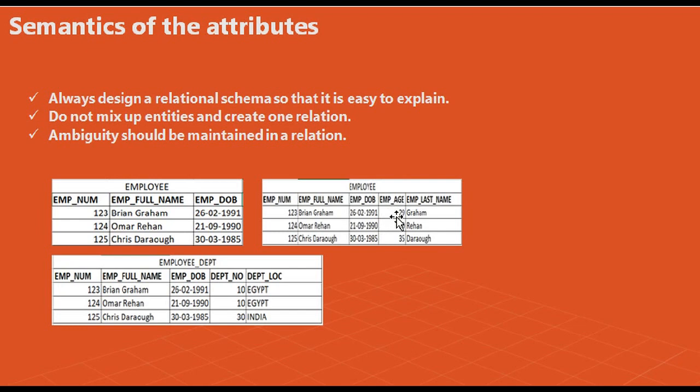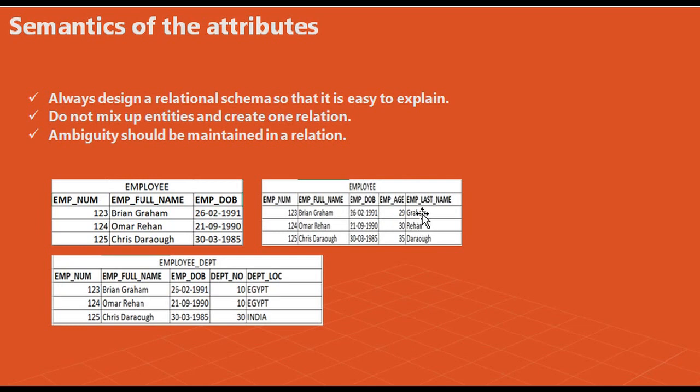It would lead to wrong calculation of data or wrong calculation of some KPIs. In the same way, the last column, employee last name: when I have the employee full name, I don't need a separate column which explicitly says what the employee last name is. I can easily retrieve or calculate the last name from the employee full name.